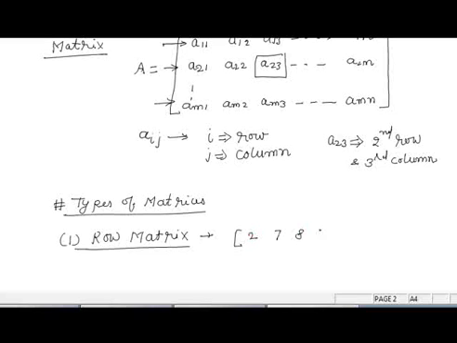Let's say, for example, this. So it contains only a single row. That's why it is called the row matrix. In this we can see it has one row and four columns, so the order of this matrix, written as row into column, is 1 by 4, and the number of rows is 1.